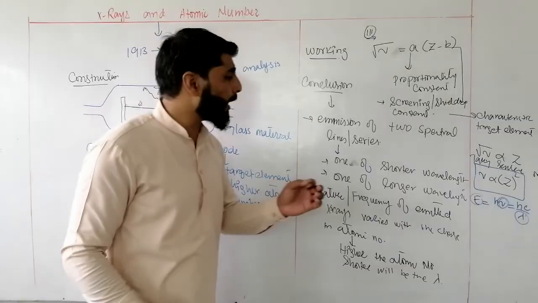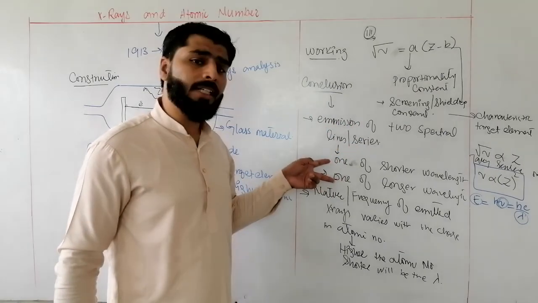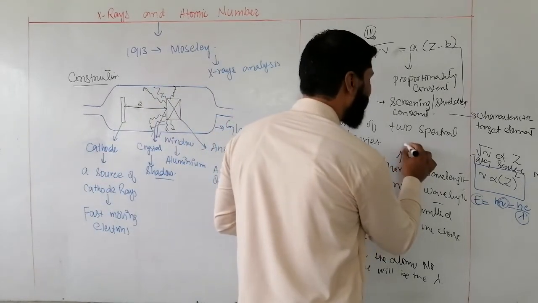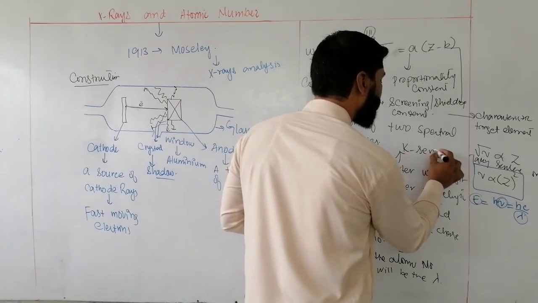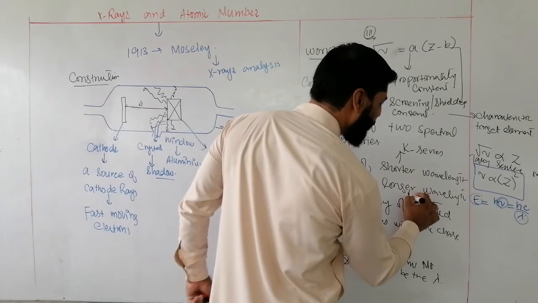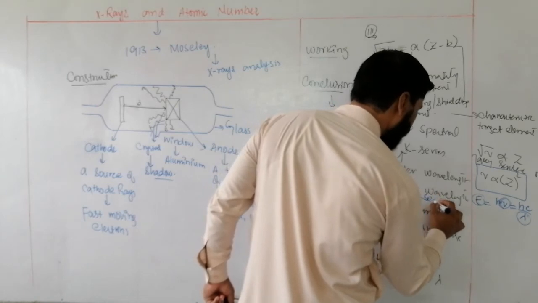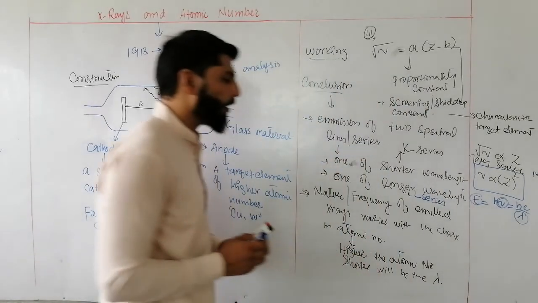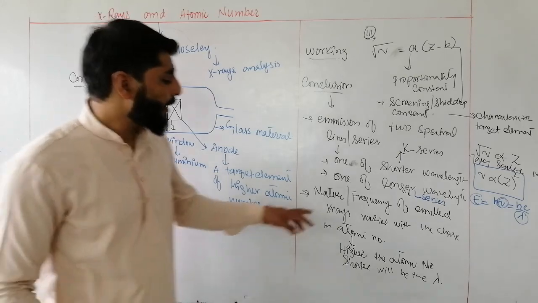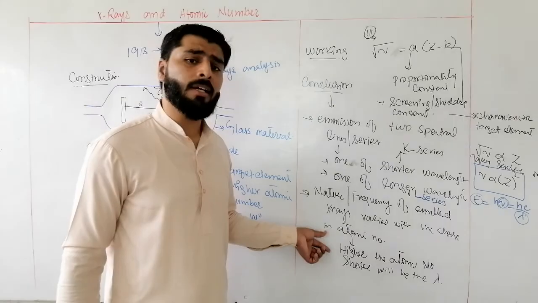These are the conclusions of Moseley's experiment. He concluded that there will be an emission of two types of series, one of shorter wavelength, which he named the K series, and the other of longer wavelength, which he named the L series. The nature or frequency of X-rays depends upon atomic number.